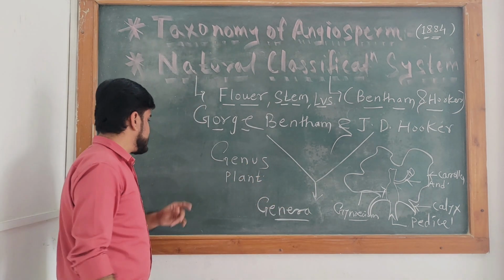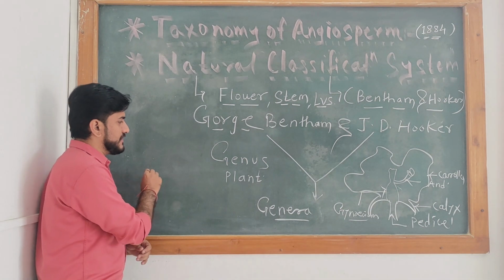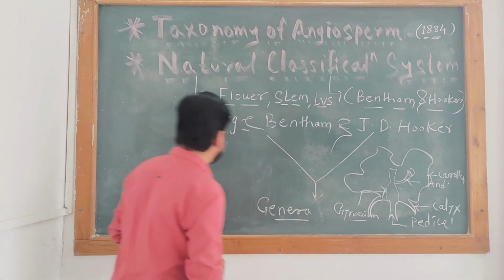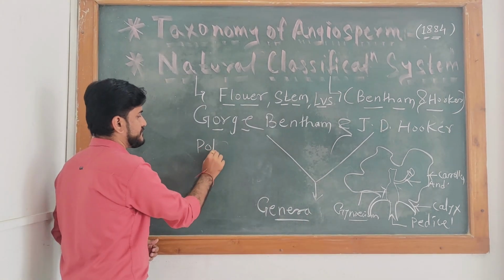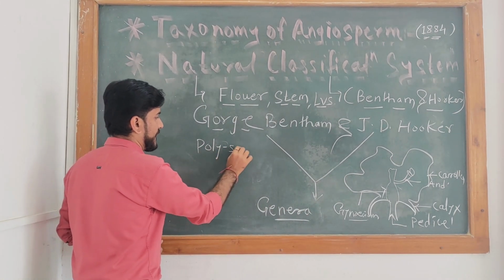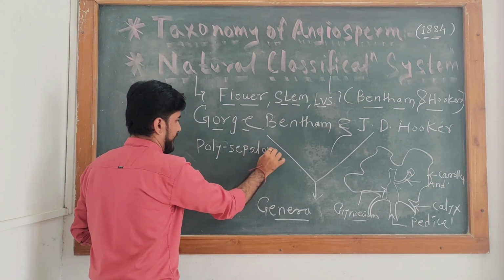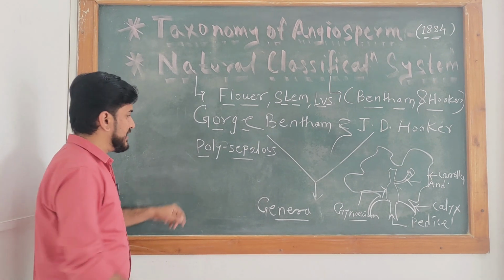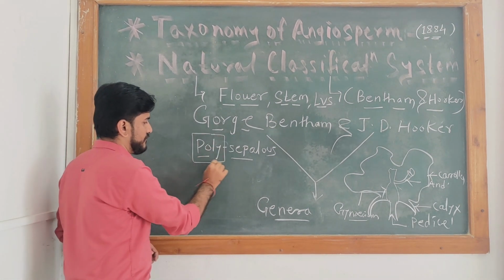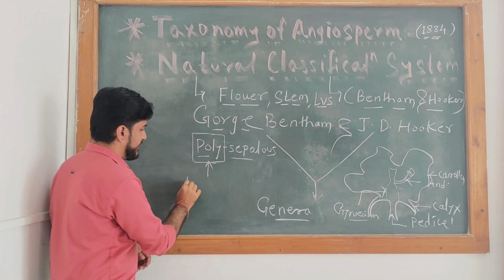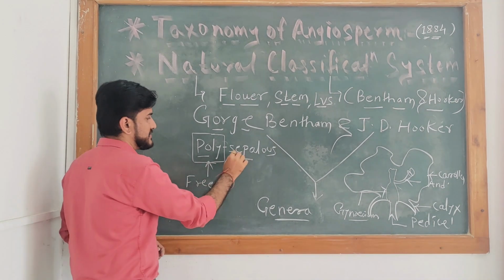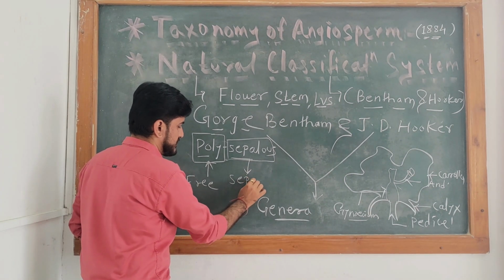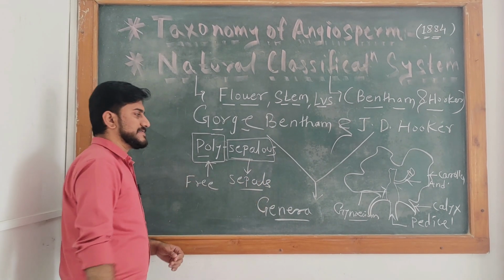So, for example, the flower is in polysepalous condition. So this flower is polysepalous. Poly, the first word, means free, and sepalous means sepals, means calyx.